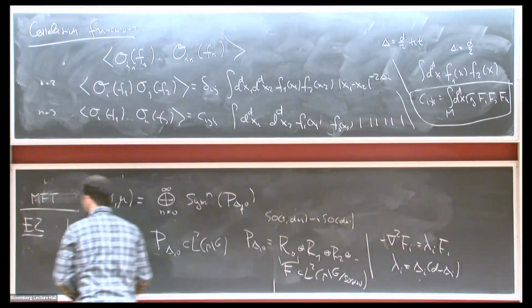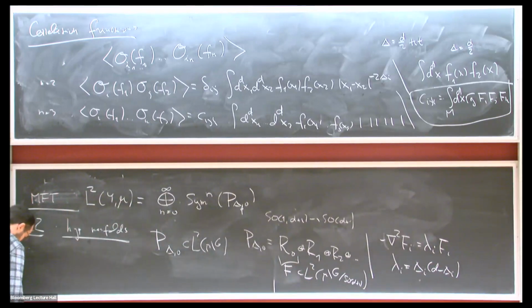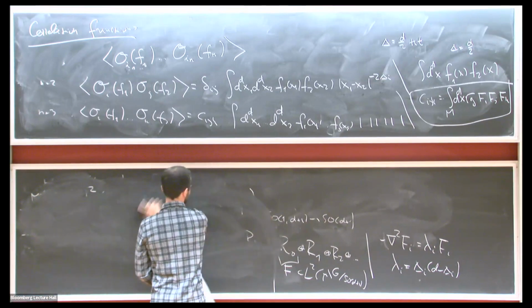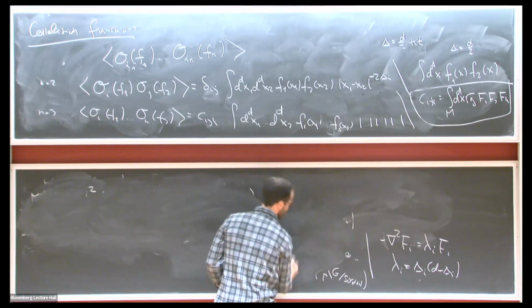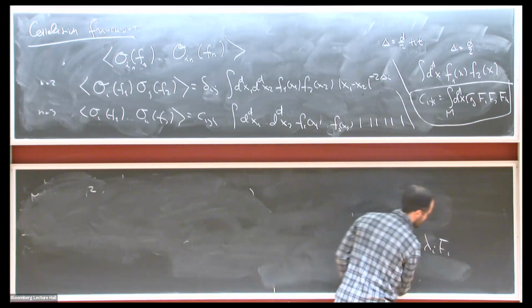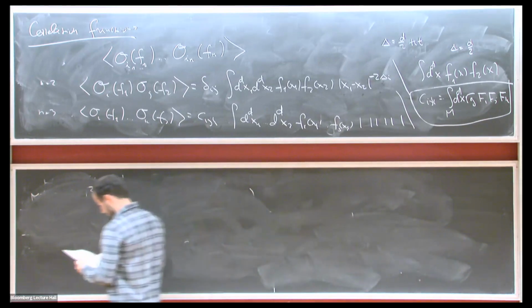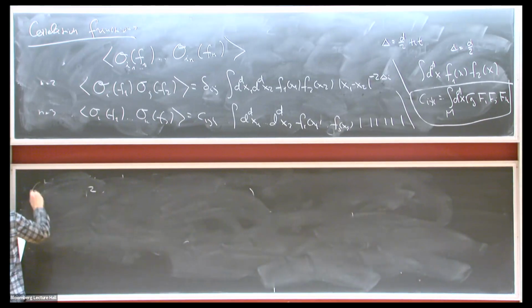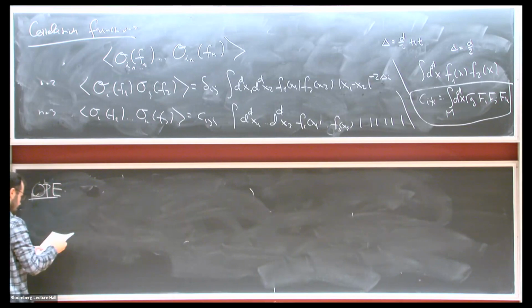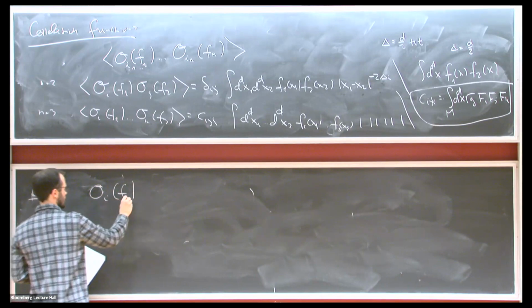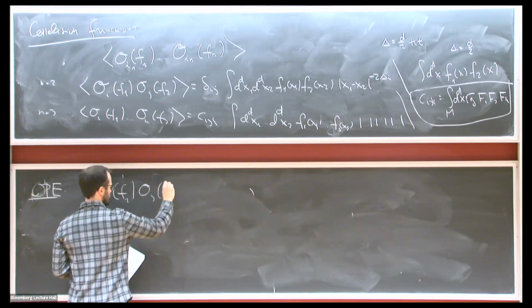There's also an OPE. To do the OPE, you can take two of these operators, O_I with f1 and O_J with f2.